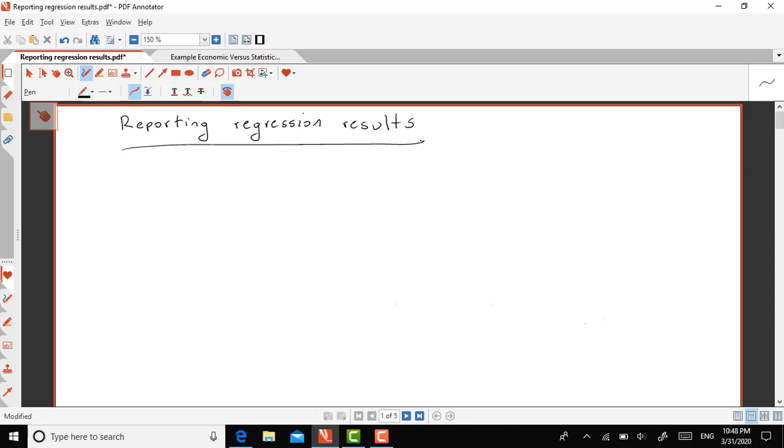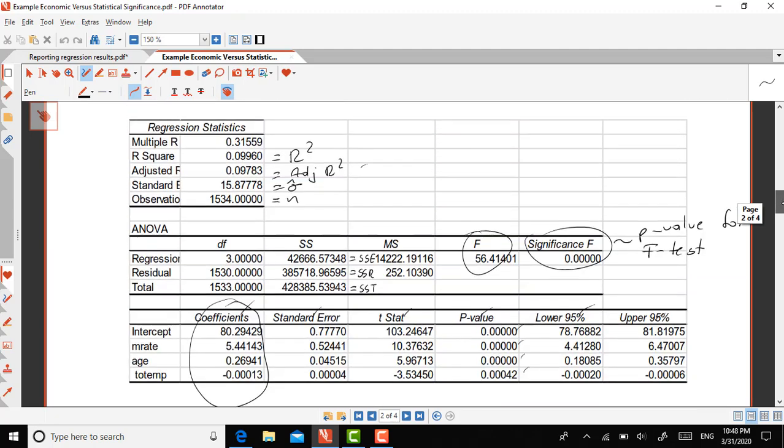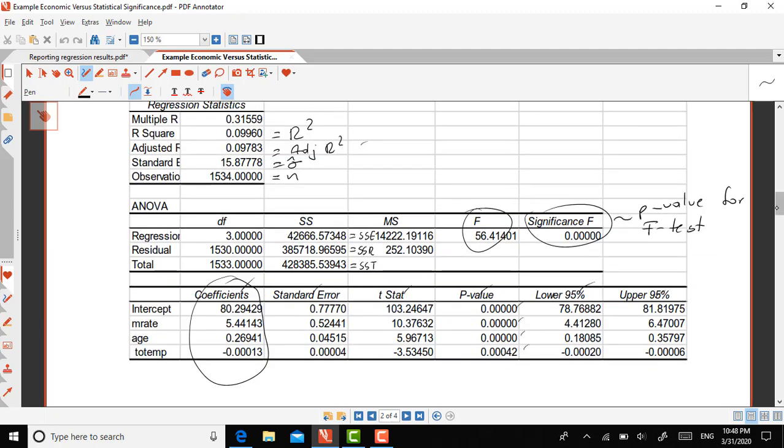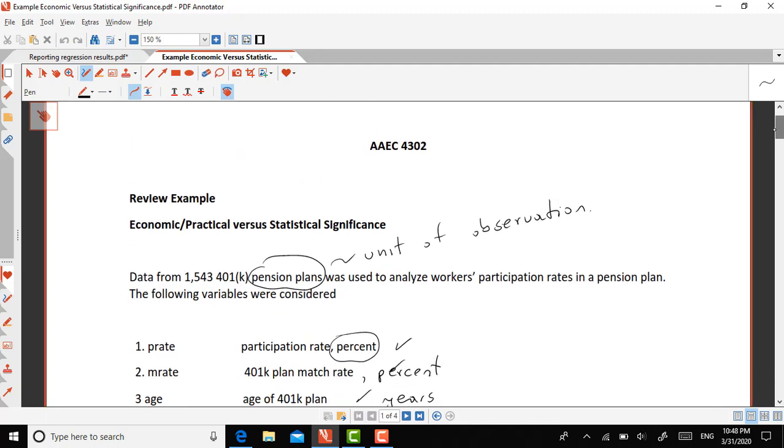business report or doing some regression analysis, it's very tempting to just copy paste the table in the way that I had done it. For example, this is the previous example that we used for the discussion of economic or practical versus statistical significance.